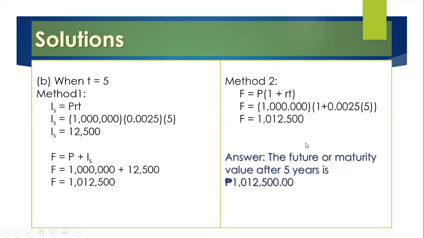Okay. So, the answer will be the future or maturity value after 5 years is 1,012,500. Okay. So, kung tayo ang papipiliin, no? Kung hindi naman kakailanganin agad-agad, pwede natin i-invest ang pera ng mas matagal, para mas malaki rin yung interest na ma-earn ng pera natin na in-invest natin sa bangko or kung saan tayo mag-i-invest.